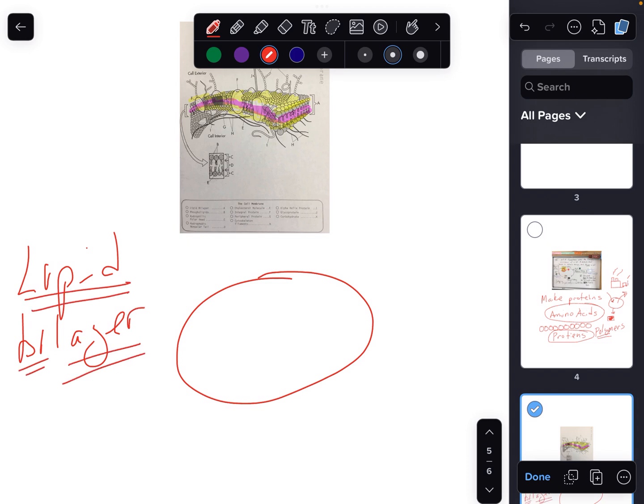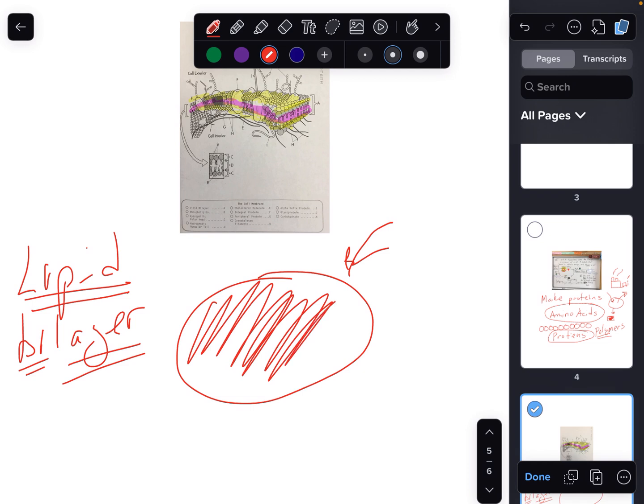It allows a little bubble for life to happen on the inside. As a matter of fact, one of the basic ideas of cell theory is that you don't have life unless you have a cell.